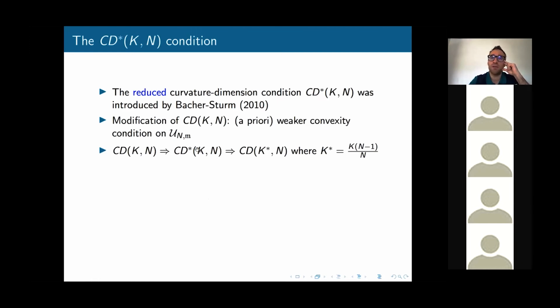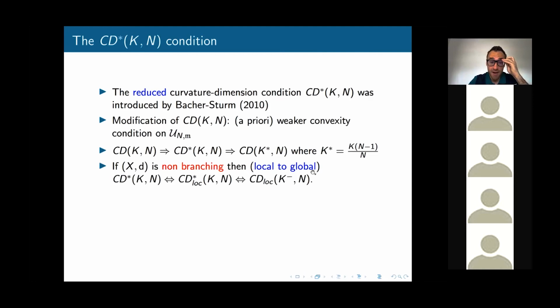But knowing that your space satisfies the CD*(K,N) condition will tell you that it satisfies the CD condition with a possibly worse lower bound on the Ricci. So CD*(K,N) implies CD(K*,N) for a lower bound K*, which is slightly worse than your previous lower bound.